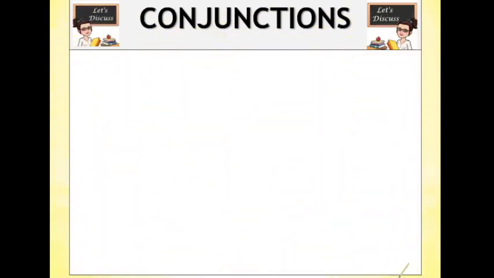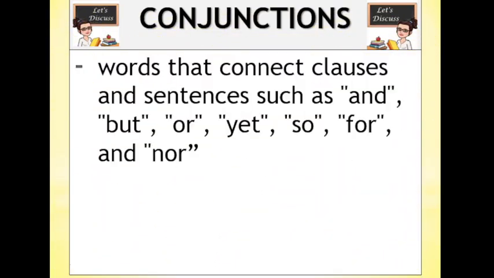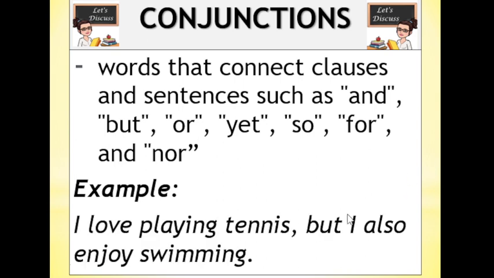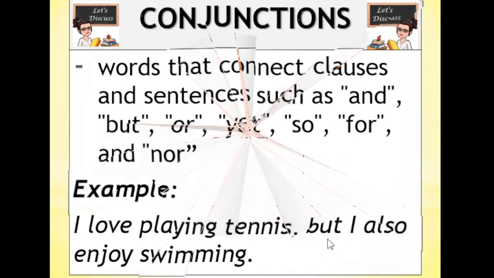So, what are conjunctions? Conjunctions are simply words that connect clauses and sentences, such as and, but, or, yet, so, for, and nor. Example: I love playing tennis, but I also enjoy swimming. Here we use the conjunction but.